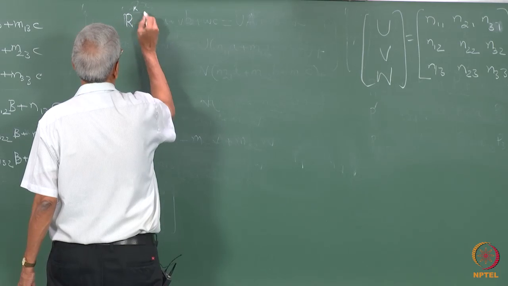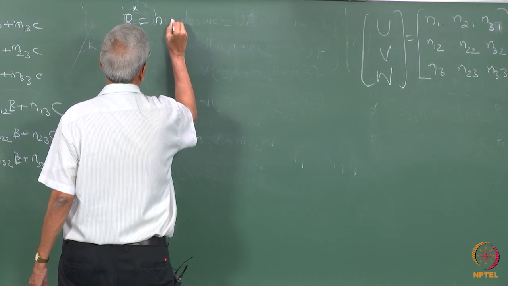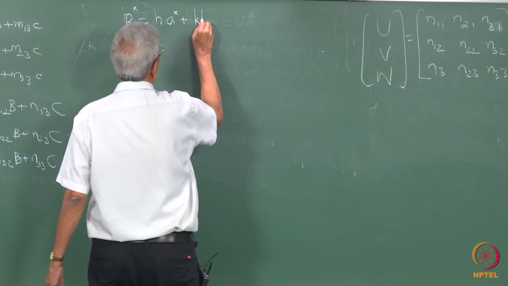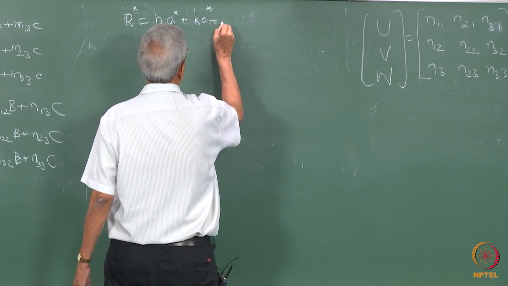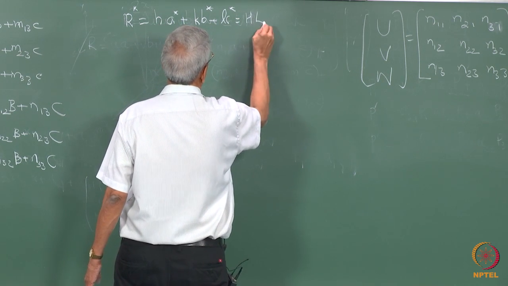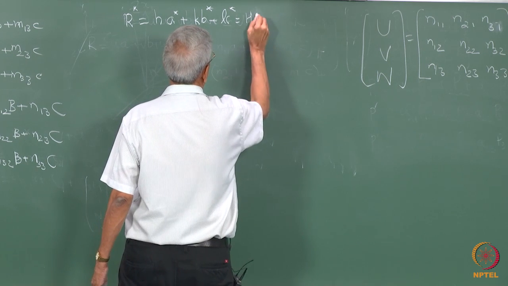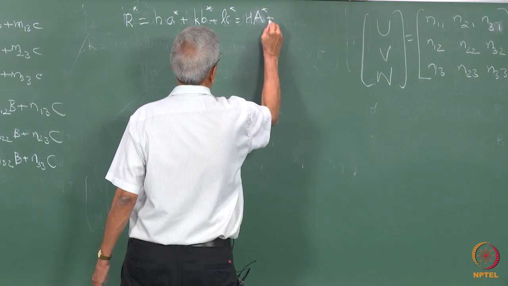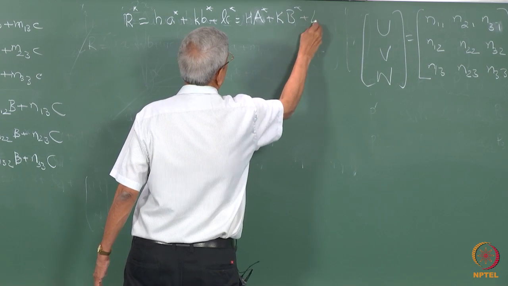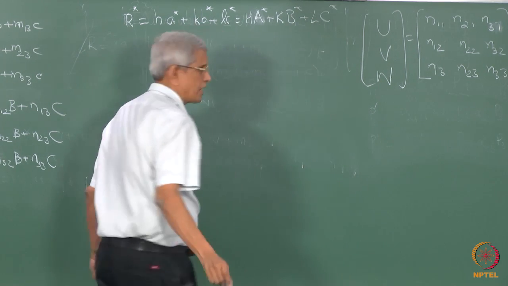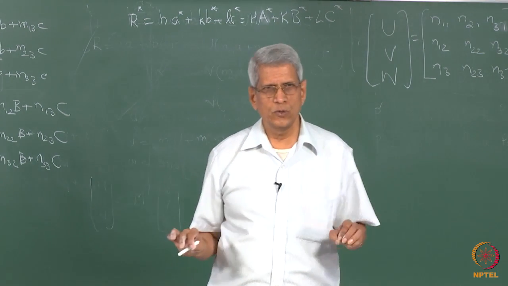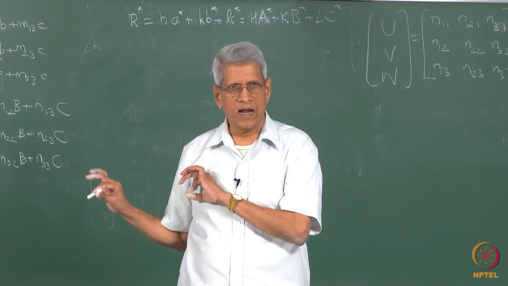R star will turn out to be H A star plus K B star plus L C star, equals H into A star plus K into B star plus L into C star, correct? What we can do is that it's just algebra which we are doing.